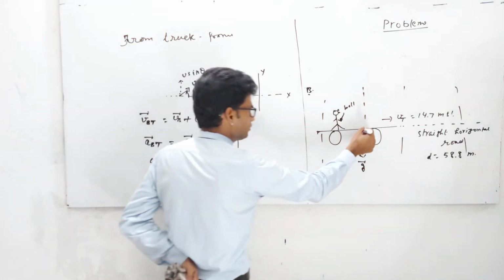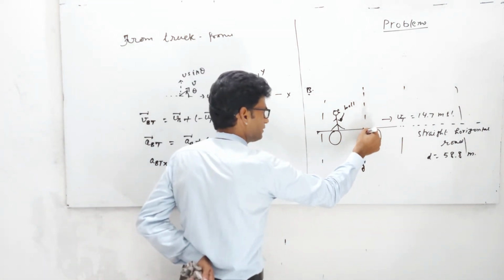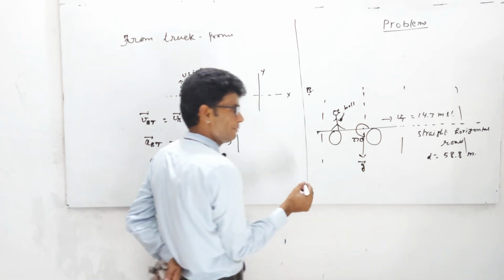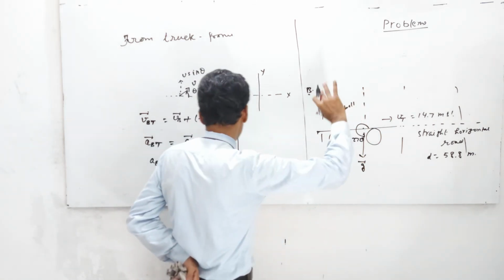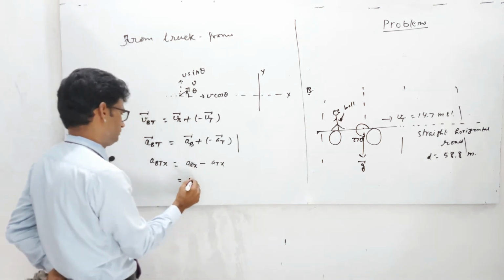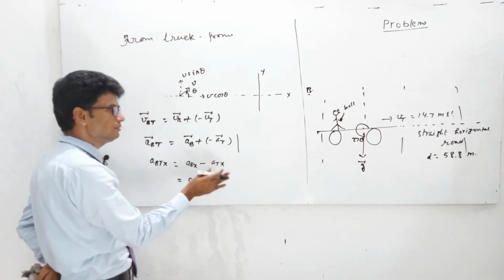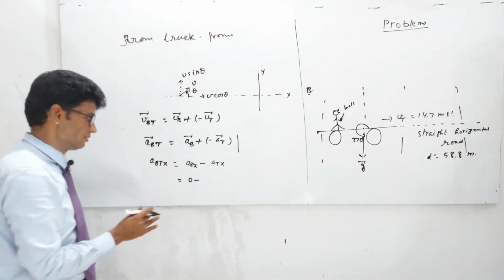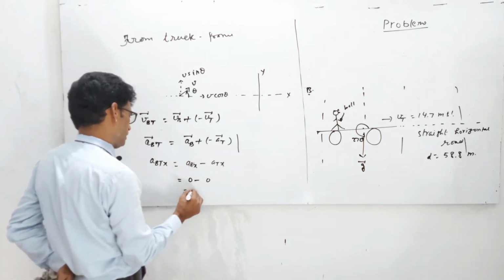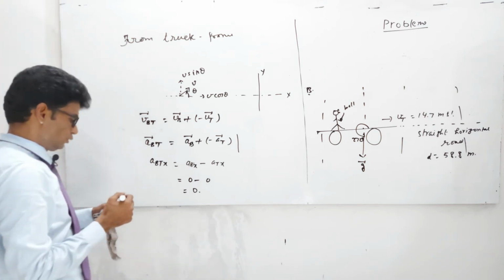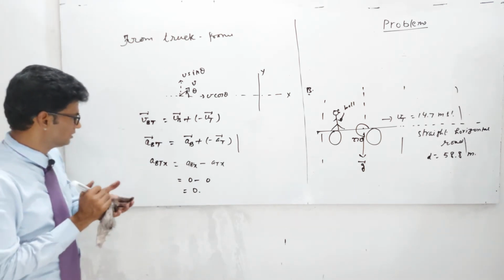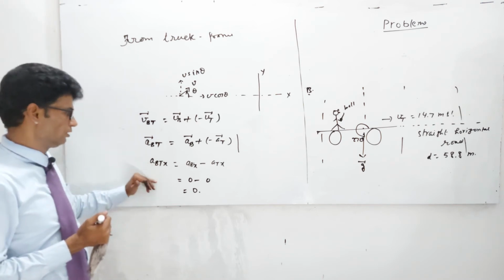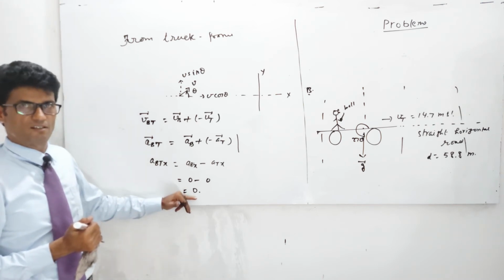So g has no x component, because by the trigonometrical method, mod g cos 270 comes out to be 0. So this is 0. And the truck is already moving with a constant speed in the horizontal direction, so this is 0 too. So with respect to the truck frame, the x component of the acceleration of the ball comes out to be 0.